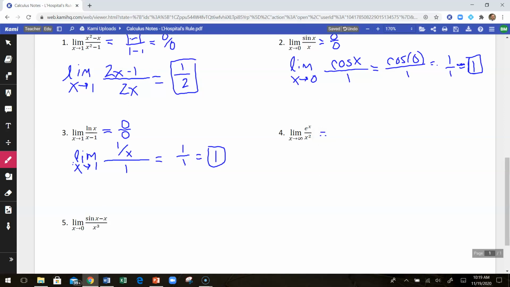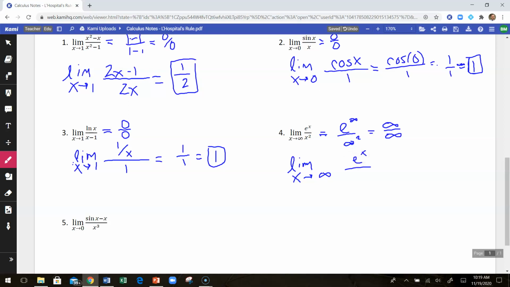Okay, if we go to infinity, e to the infinity power over infinity squared is still going to be an infinite answer divided by an infinite answer, right? E to the infinity is going to be something really large, and so is infinity squared. So I get infinity over infinity, which is again an indeterminate form. So I can do the limit as x approaches infinity and take the derivative of these.